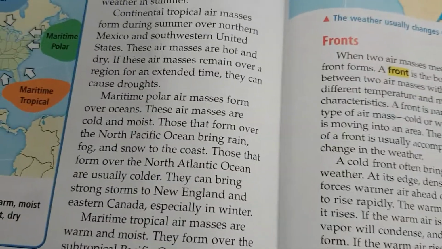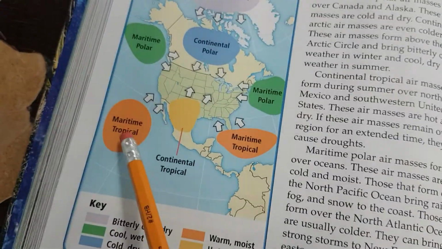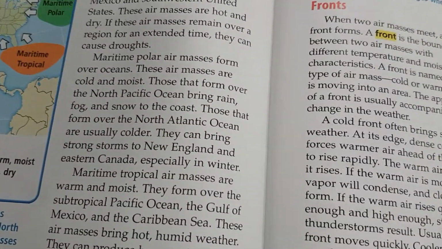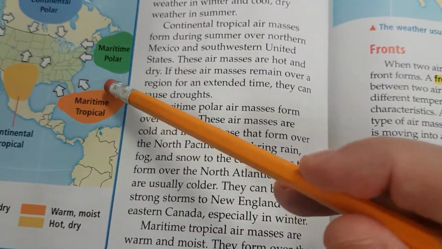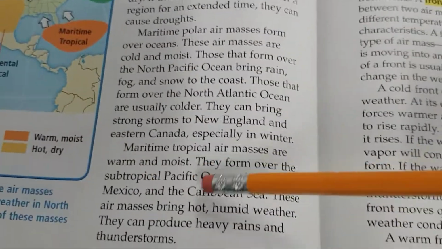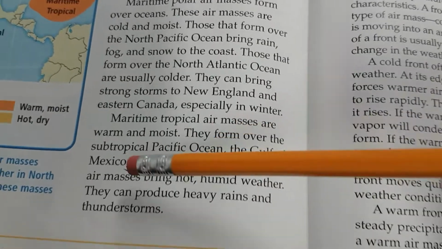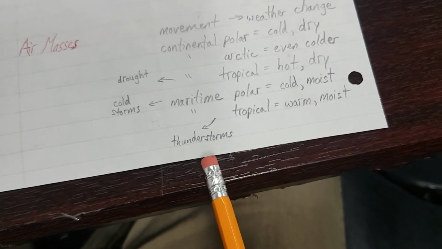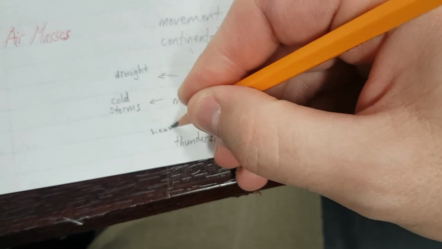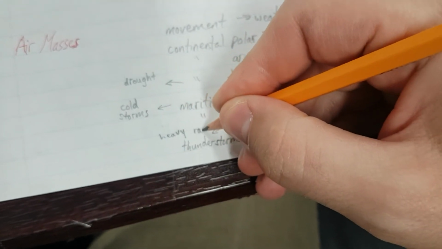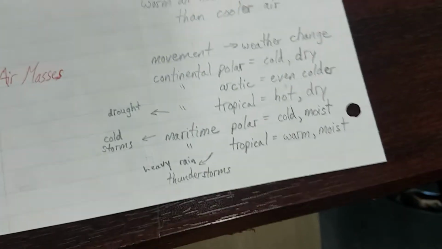They form over the subtropical Pacific Ocean, the Gulf of Mexico, and the Caribbean Sea. These air masses bring hot, humid weather. They can produce heavy rains and thunderstorms. Let's also put heavy rain. H-E-A-V-Y R-A-I-N, heavy rain.